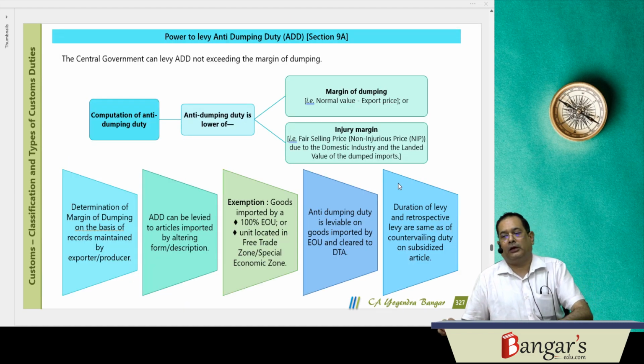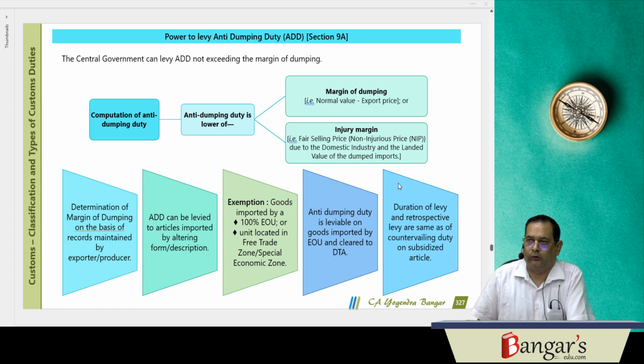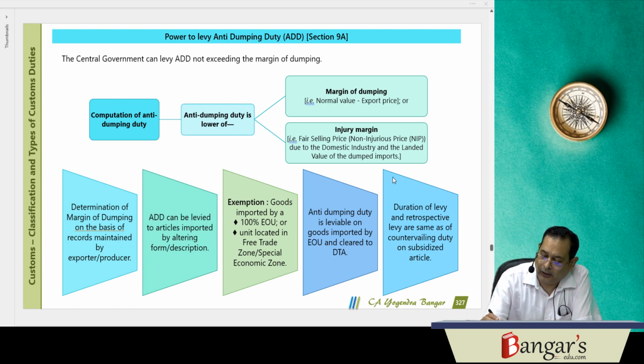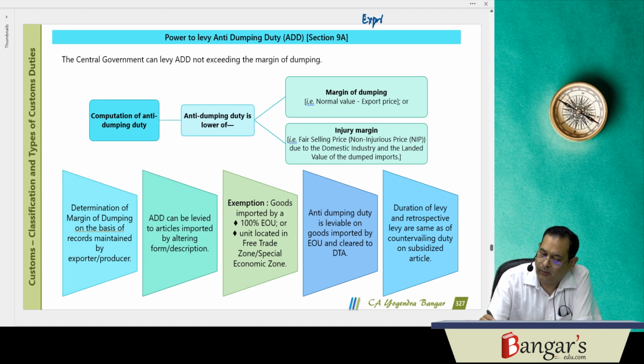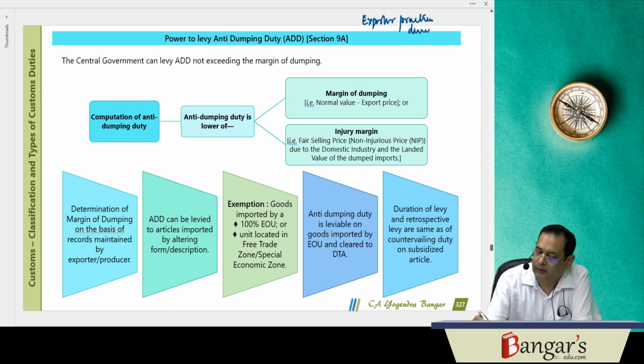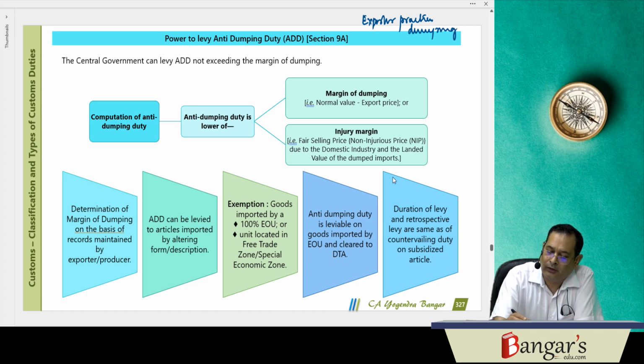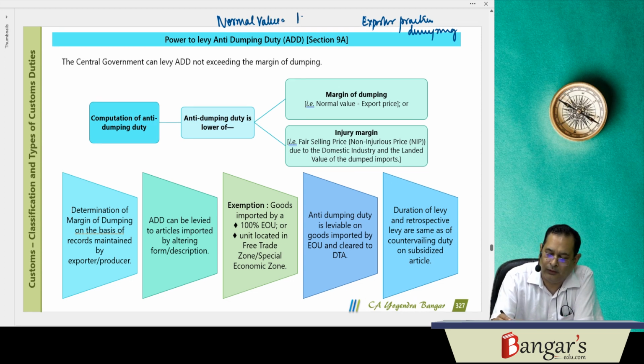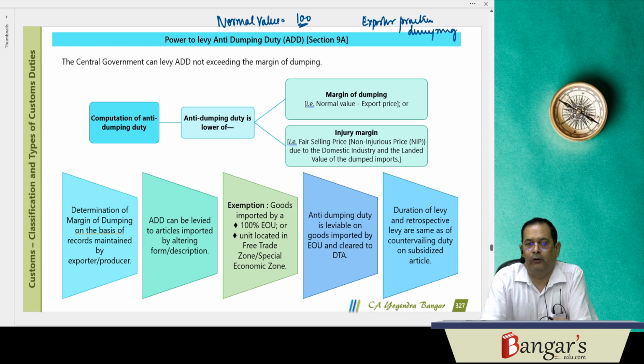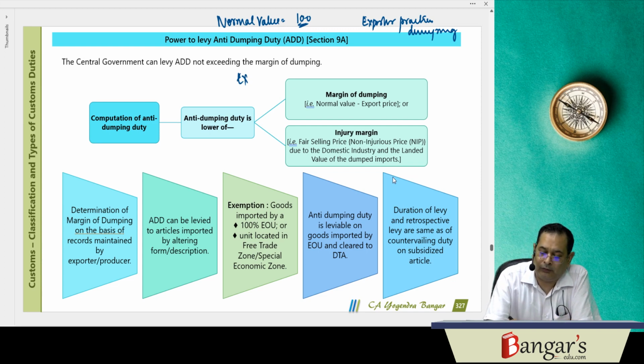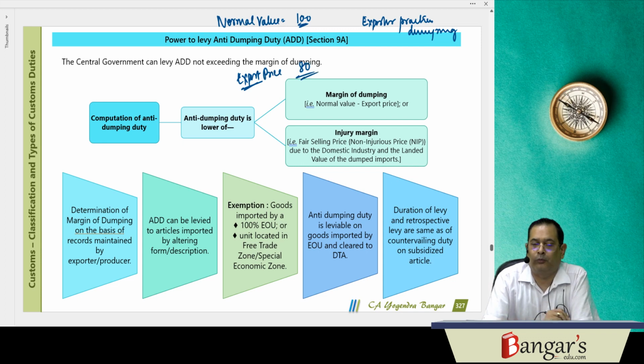Similar provisions are there in case of anti-dumping duty also. Exporter practices dumping. Say the normal value, that is the price in the domestic market in the country of exportation, is 100, whereas the export price at which the goods are sent into India is 80.